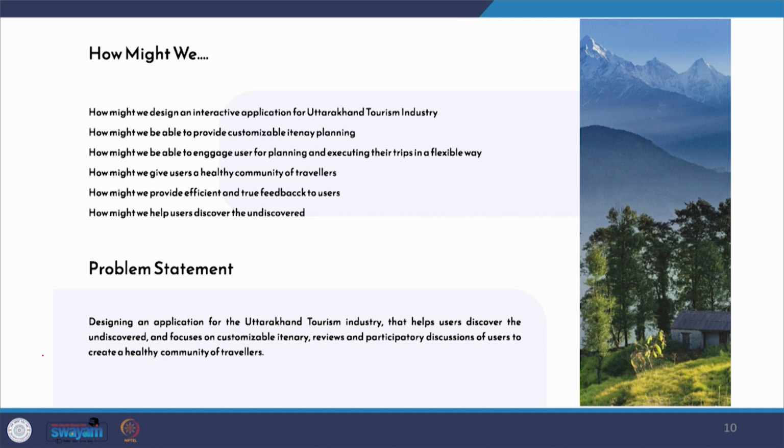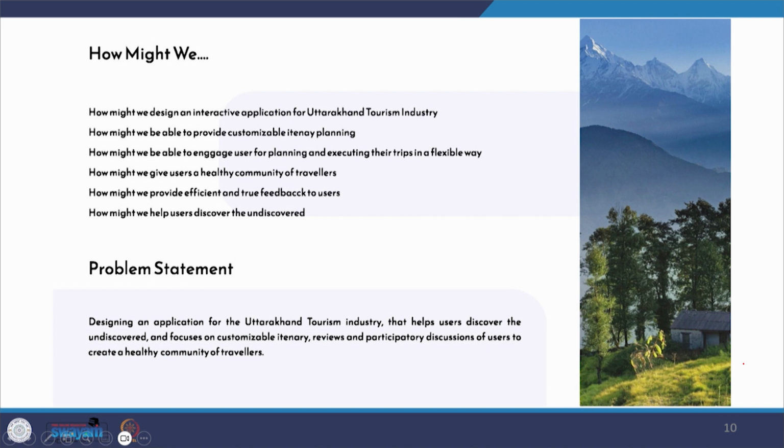So once we have identified several of these how might we questions, because they are now telling us about the problems or challenges in a very clear fashion, now we can create a problem statement out of these how might we statements.